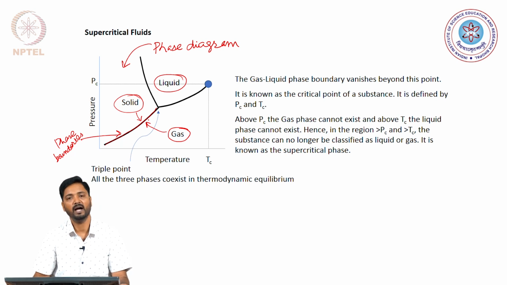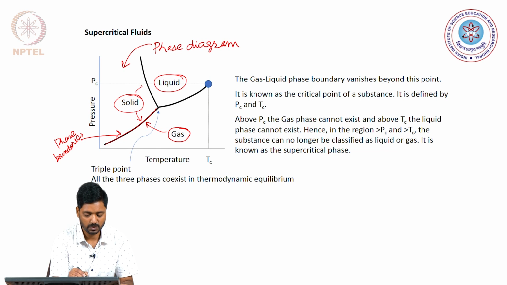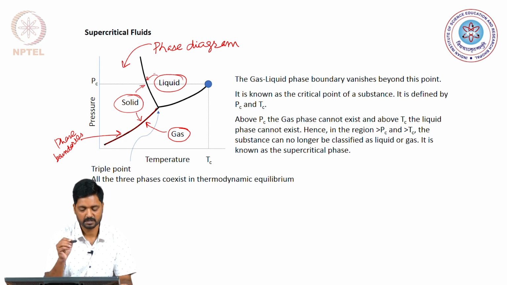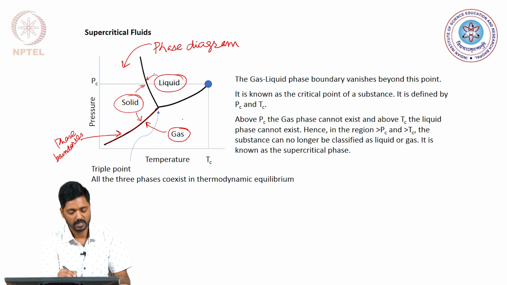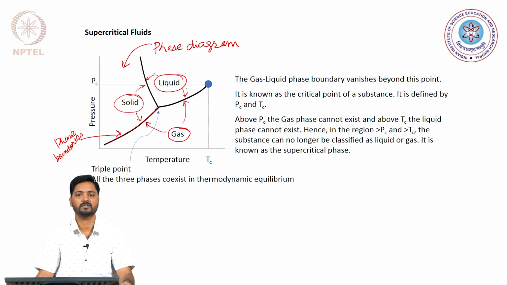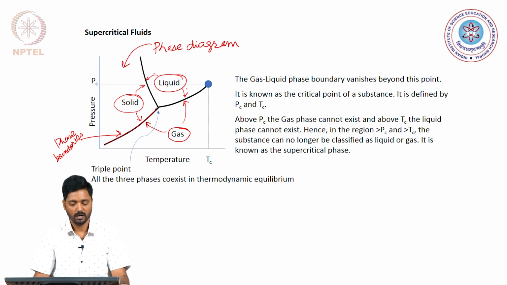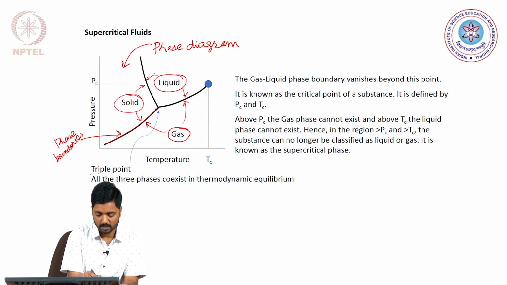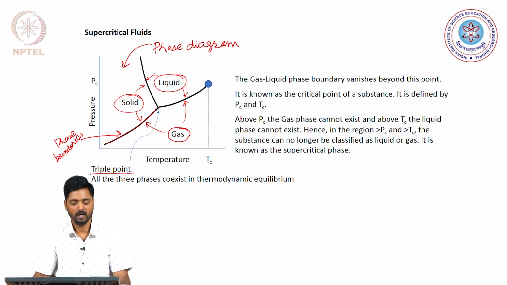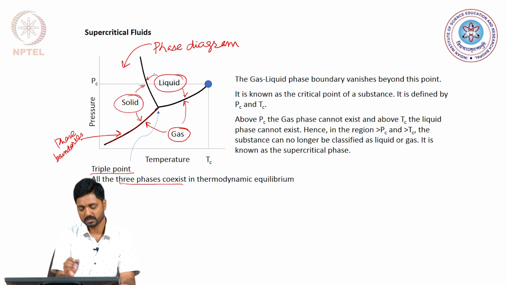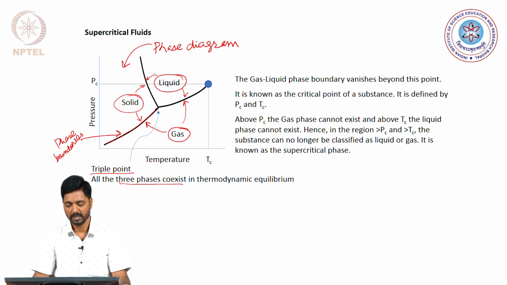Similarly, we can have a region where the solid and the liquid coexist, and finally, we can find regions where the liquid and the gas phases coexist in thermodynamic equilibrium. All of this often brings us to the concept of triple point, which is a unique temperature and pressure value at which all the three phases can coexist in thermodynamic equilibrium.